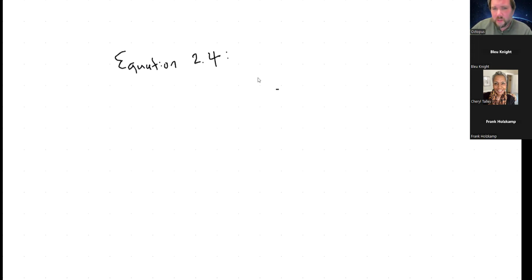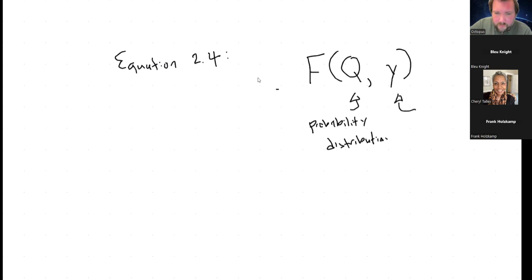This is a function that takes two arguments. The first is Q, which is a probability distribution of some kind, and the second is Y, which is some data that we have.